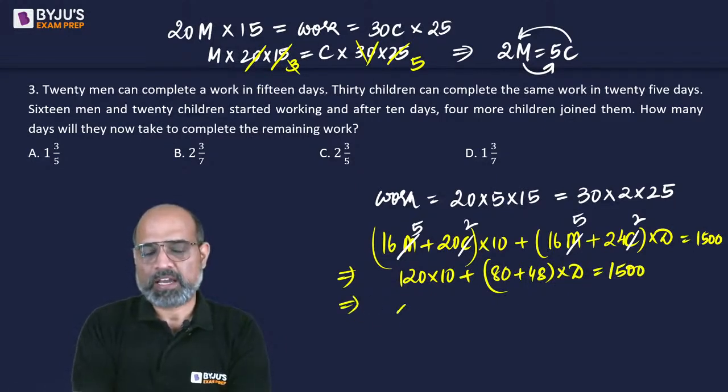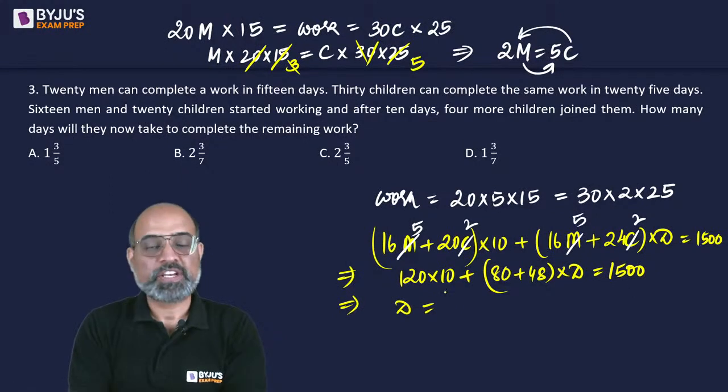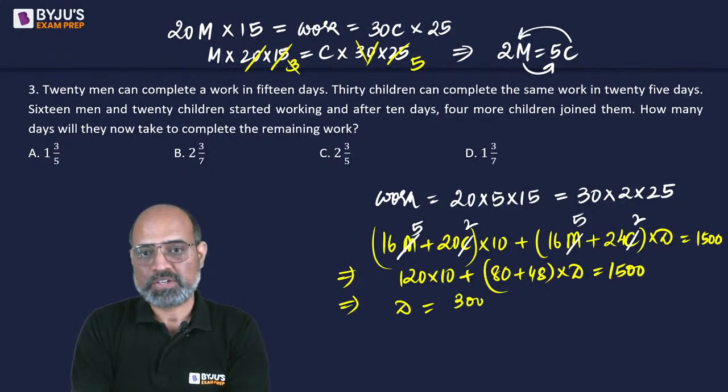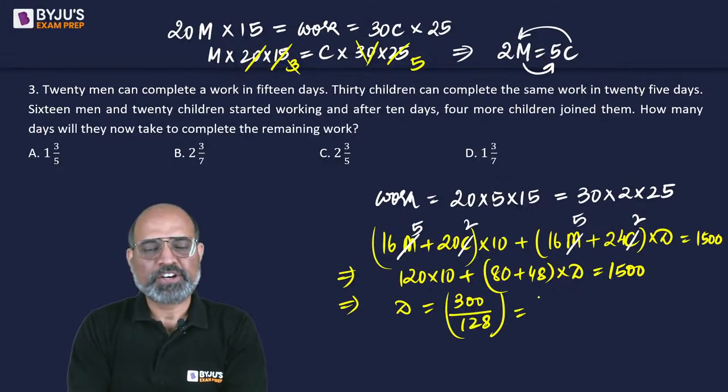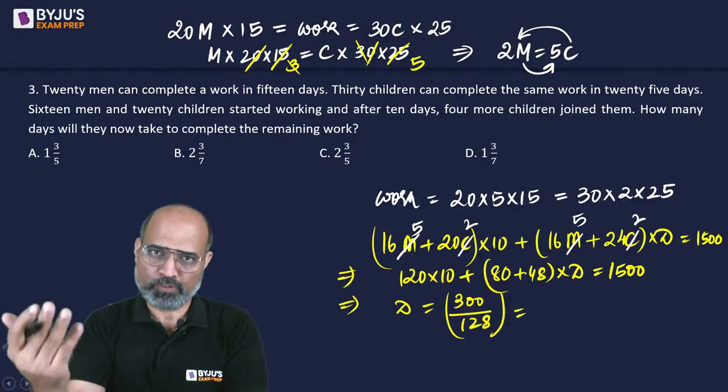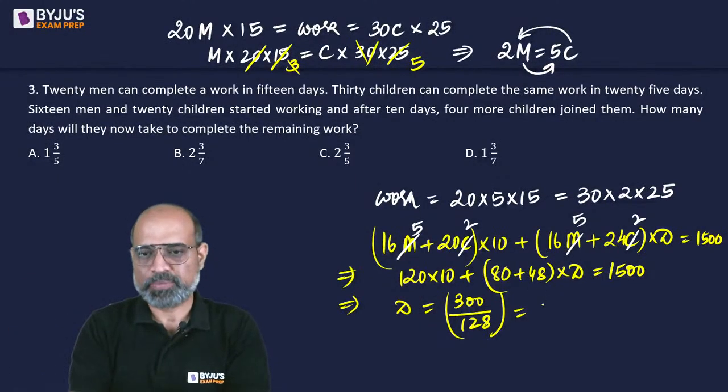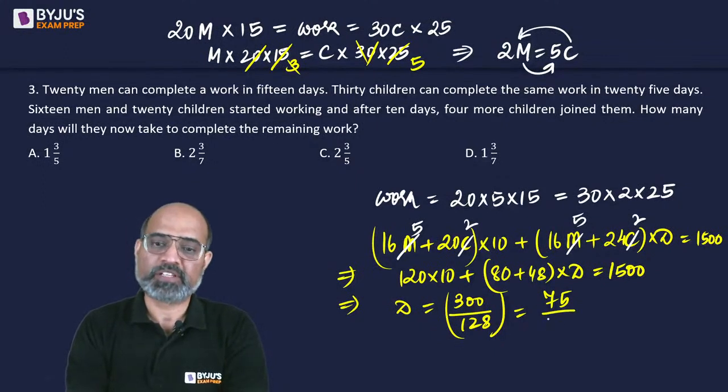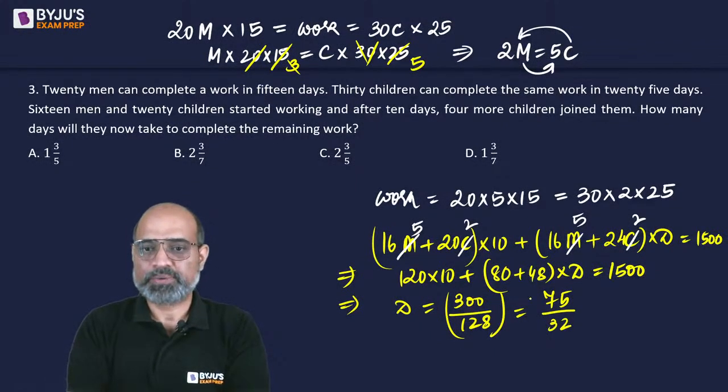So we will be having D as 1500 minus 1200, that is 300, divided by 80 plus 48, which is 128. We can get rid of some number of 2's here. We can take out 4 here. 4 is common in both numerator and denominator. The numerator will give us 75, while the denominator will give us 32.